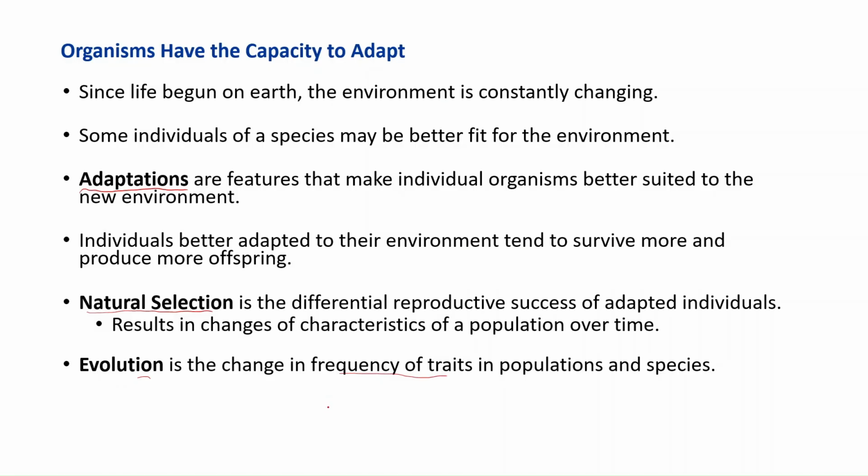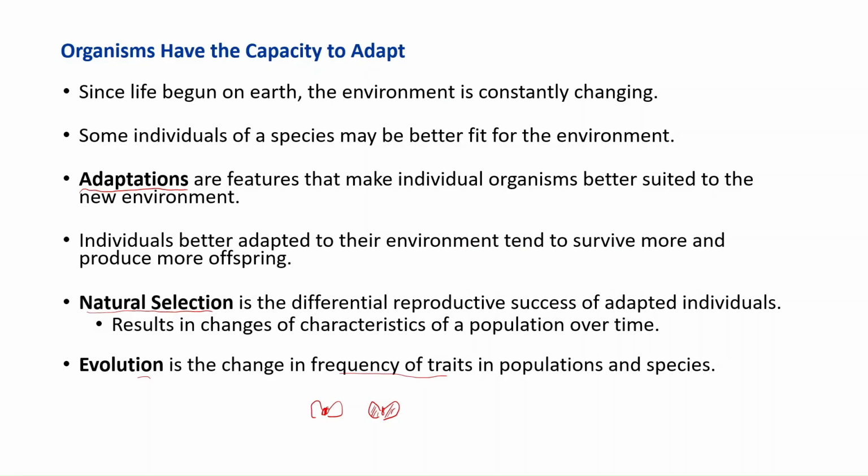My favorite example is that moth in England. It can be light color, almost white, or very dark gray. Before the Industrial Revolution, the tree trunks in England had lichen, so they were very light color. The dark moths stuck out like a sore thumb, were very easy for the birds to see, and got eaten.